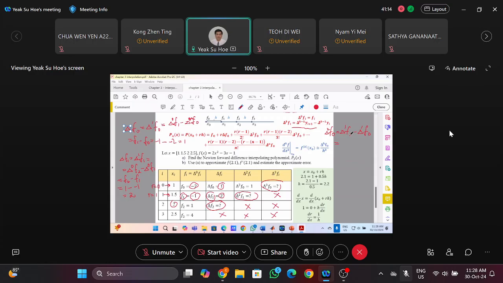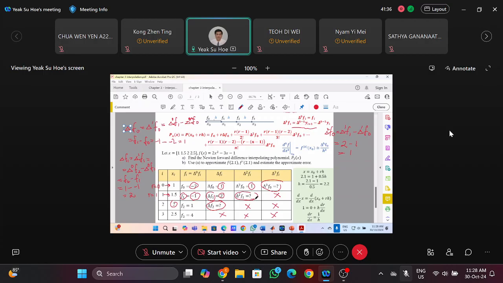What is delta 1 F1? Delta 1 F1 is here, equal to 2, minus delta 1 F0. Delta 1 F0 equal to 1. So you get 1. So everyone clear?